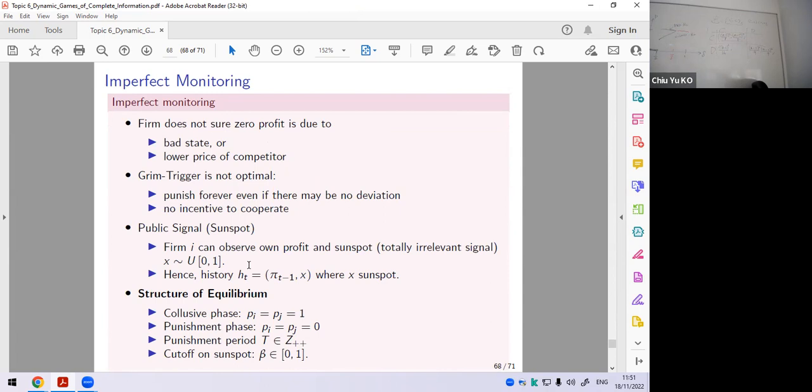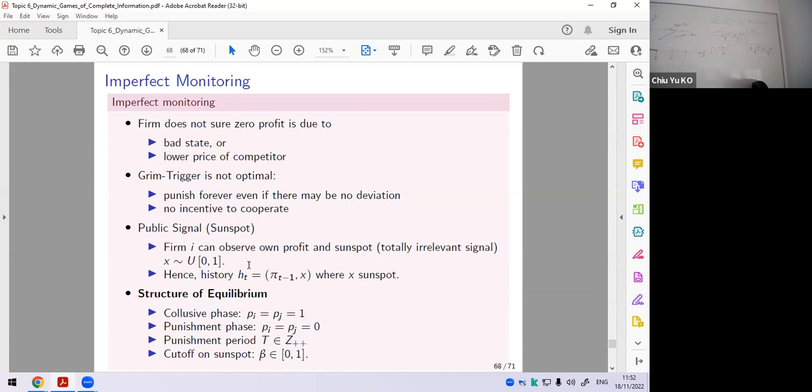What you learn from the profit monitoring is the grim trigger strategy, which means that if you do a bad thing, I punish you forever. It's not feasible here, because the other guy actually doesn't do any bad thing, since zero can come from a recession. If you do grim trigger, then if the world is bad, you go to zero every period.